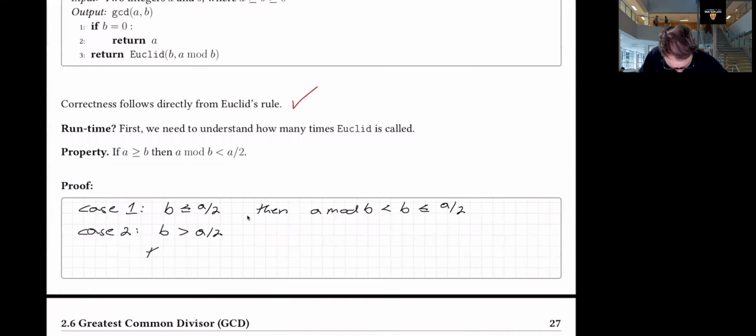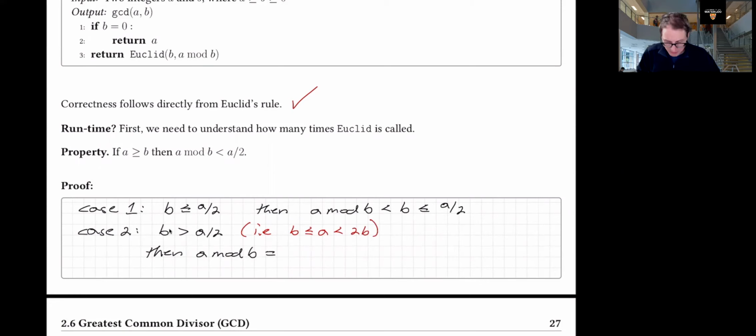But then in this case, we have that a mod b, so remember, a is bigger than b, but it's less than 2b. So we have b is less than or equal to a, which is less than 2b.